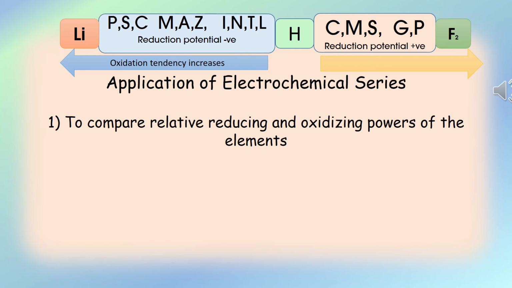The more positive the reduction electrode potential, the greater is the tendency to get reduced. So this picture is more than enough. It speaks quite a lot. Using this, we can understand a lot of things about electrochemistry without much strain.